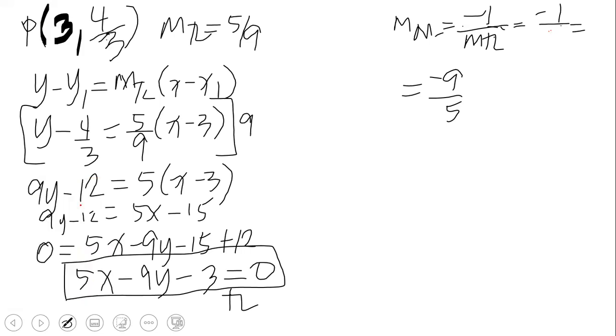So, gagamitin natin yung point slope form ulit. So, that will be your slope of your normal line.